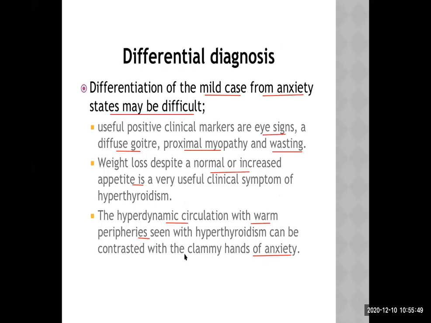In that condition, the hands are quite clammy and cold. We call them cold and clammy hands because of sympathetic stimulation. The blood vessels are narrow there, along with sweating. And one more point you can add there: at the time of sleep, if you take the pulse, the pulse would be decreased in case of anxiety, whereas it is still high in case of hyperthyroidism.